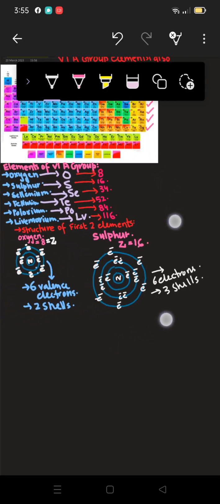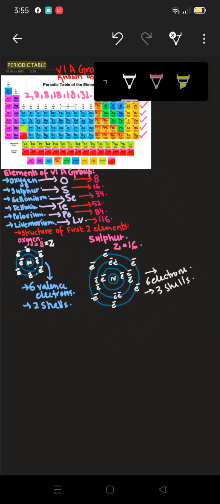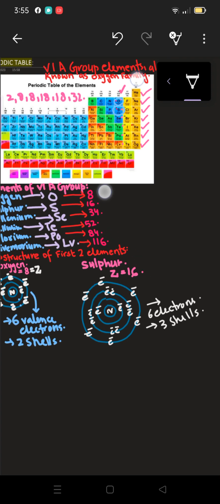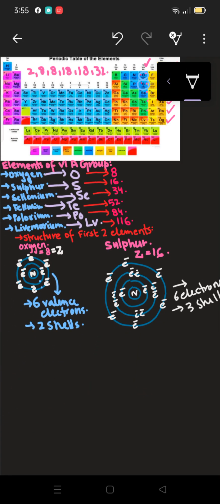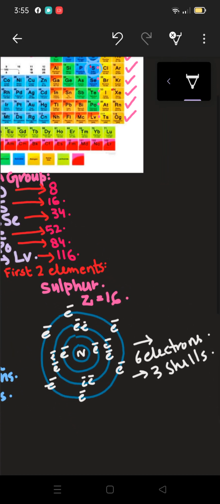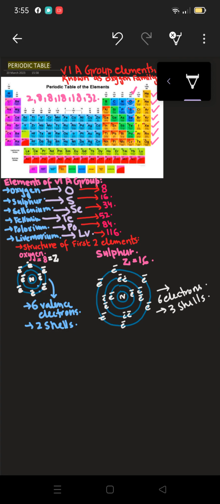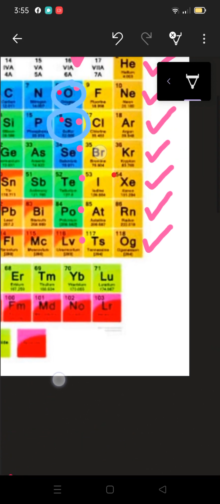Since I told you that all 6th group elements will have 6 electrons in their outermost shell, and the shells are dependent on the periods. So oxygen is in the second period, so it has 2 shells, and sulfur is in the third period, so it has 3 shells. Selenium is in the fourth period, so it will have 4 shells and 6 electrons in its outermost shell.